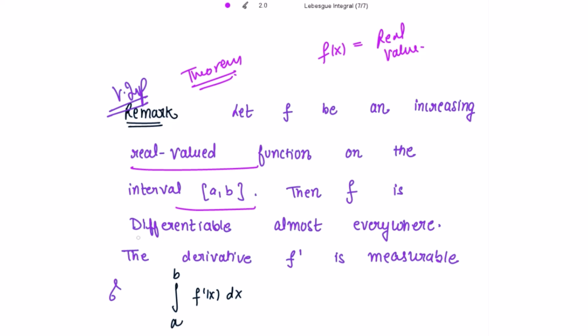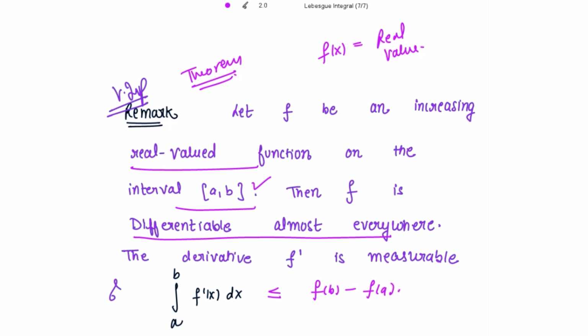Then f is differentiable almost everywhere, and the derivative f dash is measurable, and the integral of f dash(x) dx over the limits a to b, because the interval is the closed interval [a,b], is less than or equal to f(b) minus f(a). So this remark is very important. Please keep this in mind.